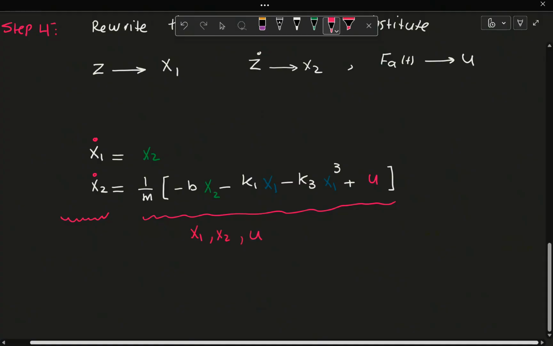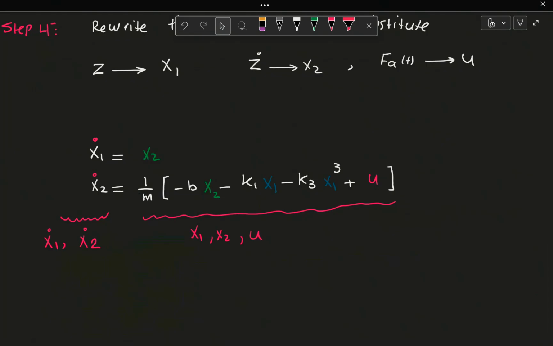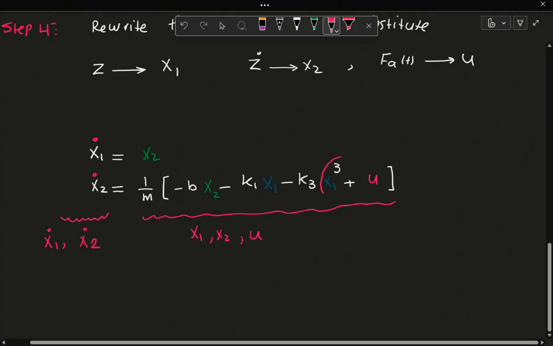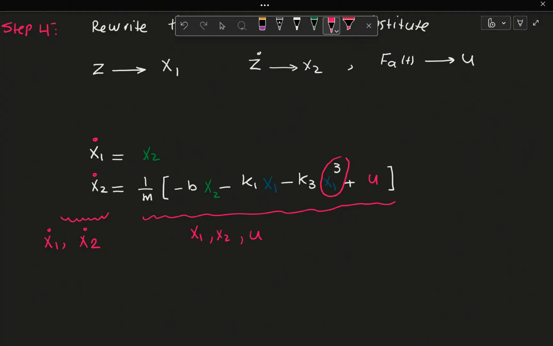There is nothing else. On the left hand side, you have only x1 dot and x2 dot. You ended up with two differential equations, each of them first order, which means the overall order of the system is 1 plus 1, 2. Since this is a nonlinear term, and the only term that's nonlinear in the dynamics, it makes the whole dynamics of the system nonlinear.